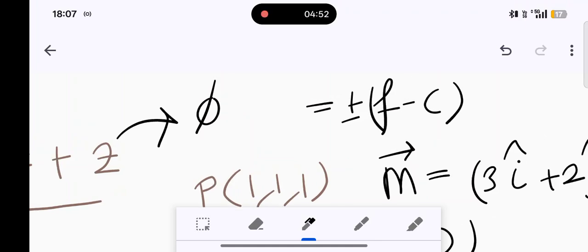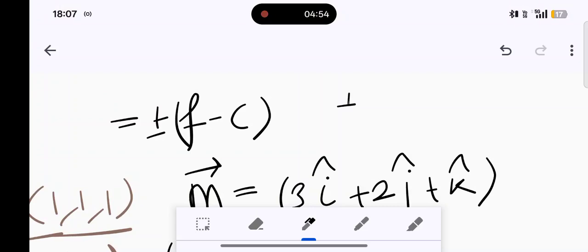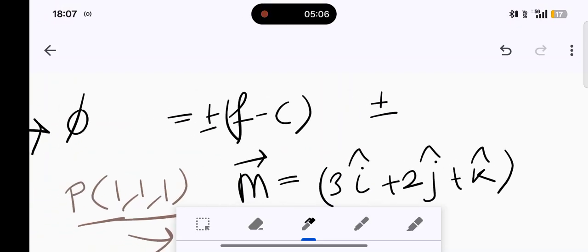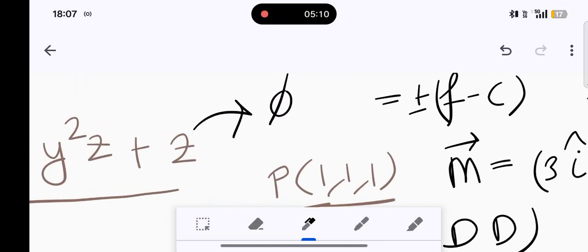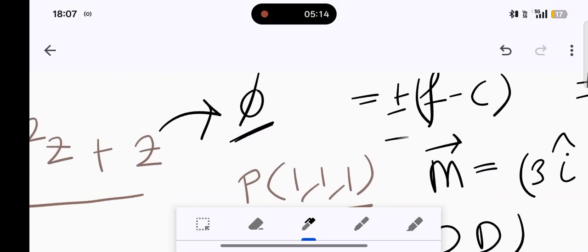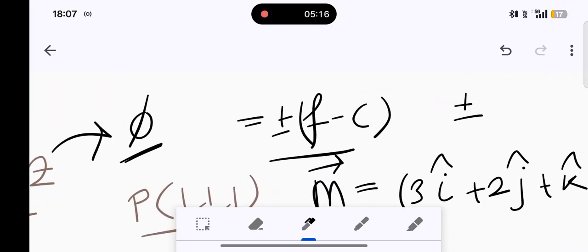So the examiner will give you the phi directly, because I have told you that phi is equal to plus or minus the bracket f minus c, right? So when you get the final answer, you will get a plus or minus. Sometimes the answer will be positive, sometimes the answer will be negative. It depends, but it's okay, not an issue. The examiner will try to avoid this kind of problem, because in competitive exams only one answer will be correct.